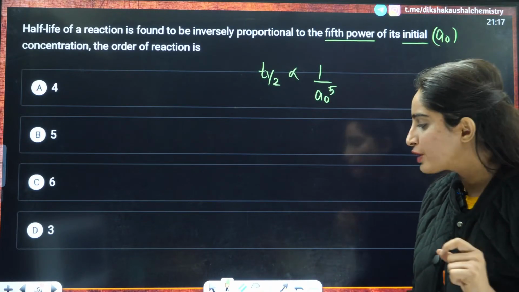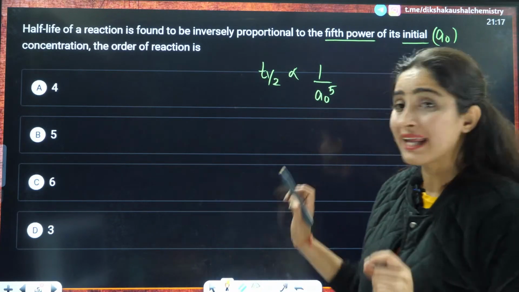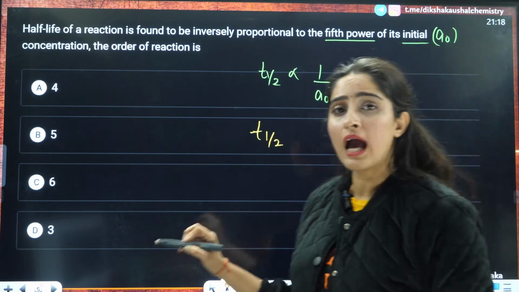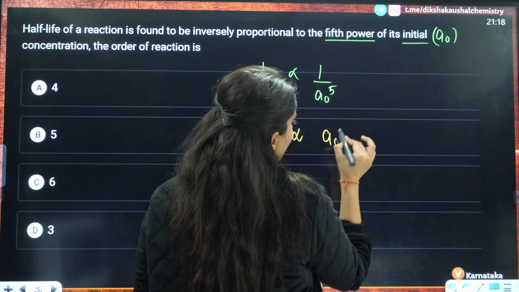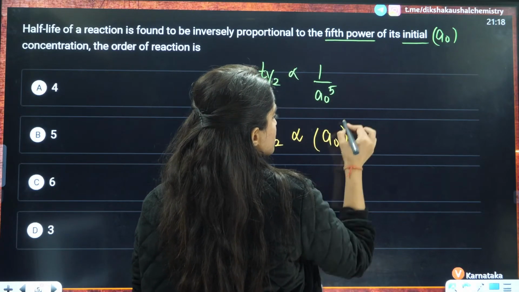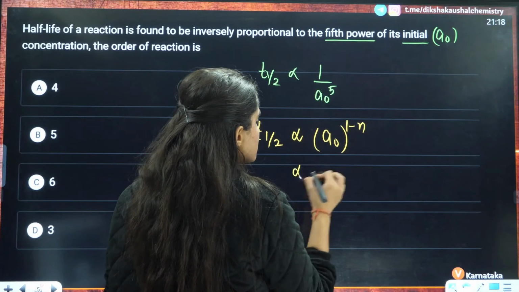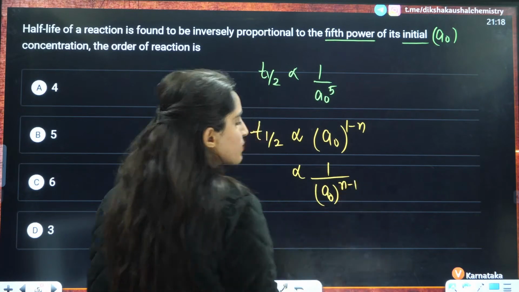Now, I told you when we were doing the theory part that the direct relation is T half is directly proportional to A naught raised to power 1 minus n. So that will become, it is inversely proportional to A naught raised to power n minus 1.